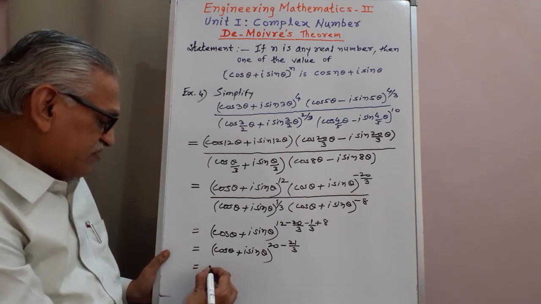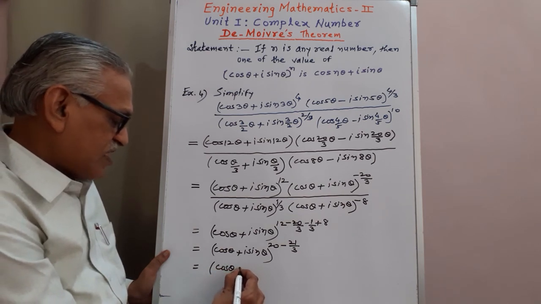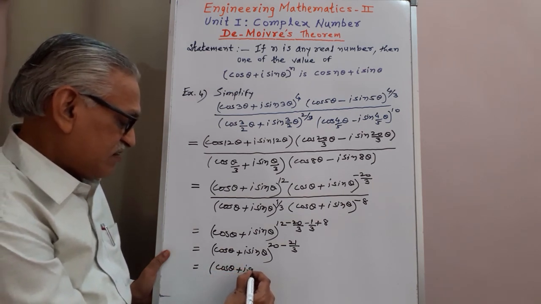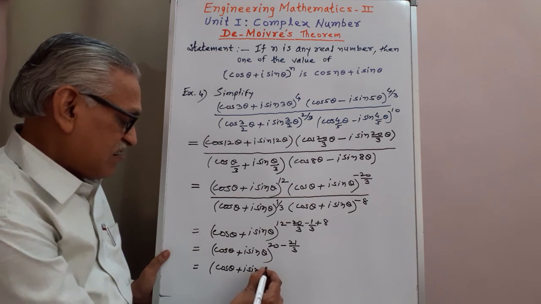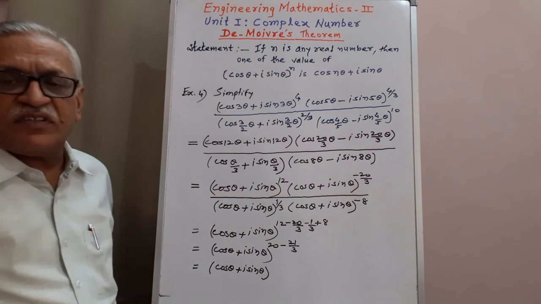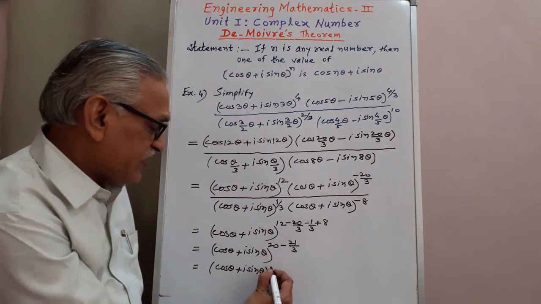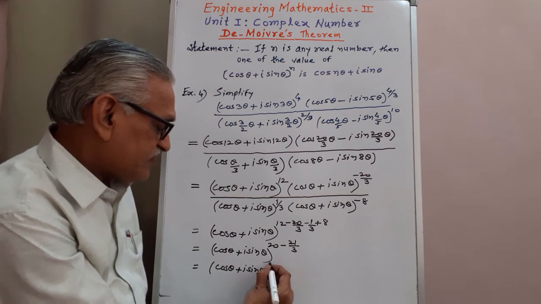Therefore it is (cos θ + i sin θ) raised to 20 minus 7, since 21/3 is 7. We get 13.